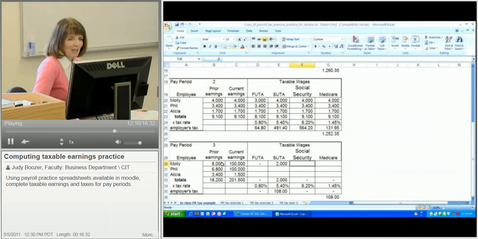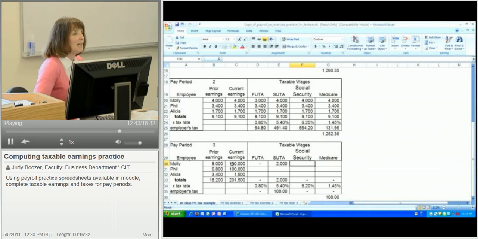This is a quick, easy way to do it. There are different ways to do it and get at the same amount, but I'm going to tell you a quick and easy way. First of all, you ask yourself two questions. If prior earnings exceed your limit, then you know you've already met it. It's going to be 0. However, if prior earnings do not, you add prior earnings to current.